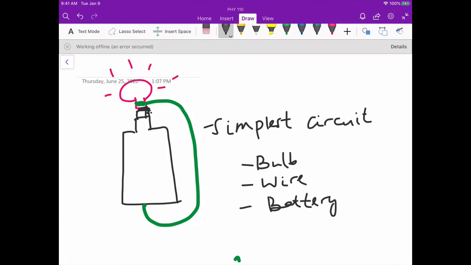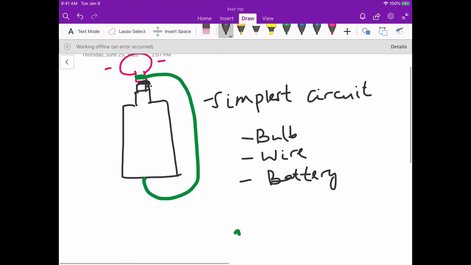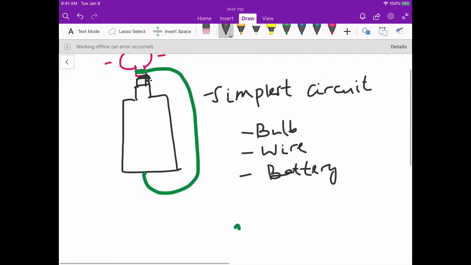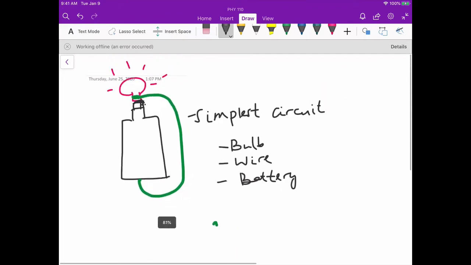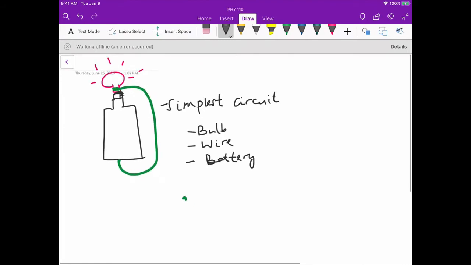Each one of those things has its own function: the bulb, the wire, the battery. But how do they get involved in a circuit? The battery is pretty much the source of your energy. You can consider it as your source of energy.